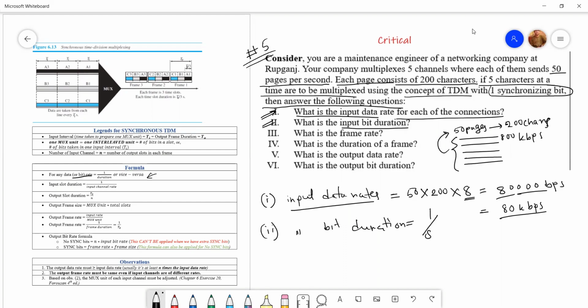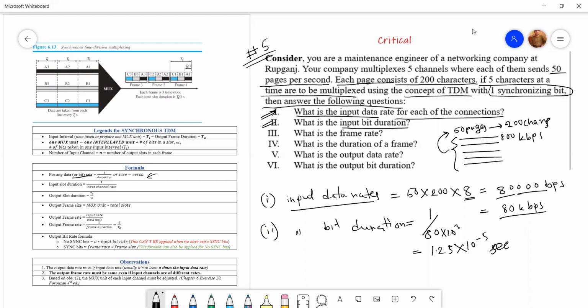So 1 divided by 80 into 10 to the power 3. If we do this, 1 divided by 80 is basically 1.25 into 10 to the power minus 5 second. This is going to be our answer in seconds.